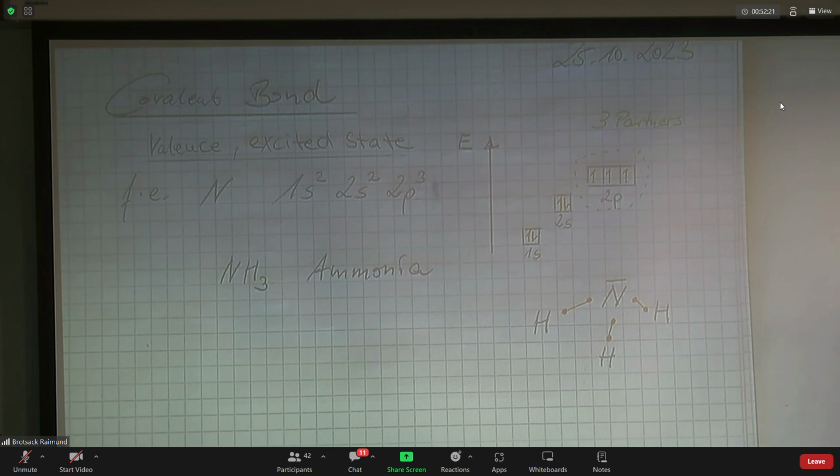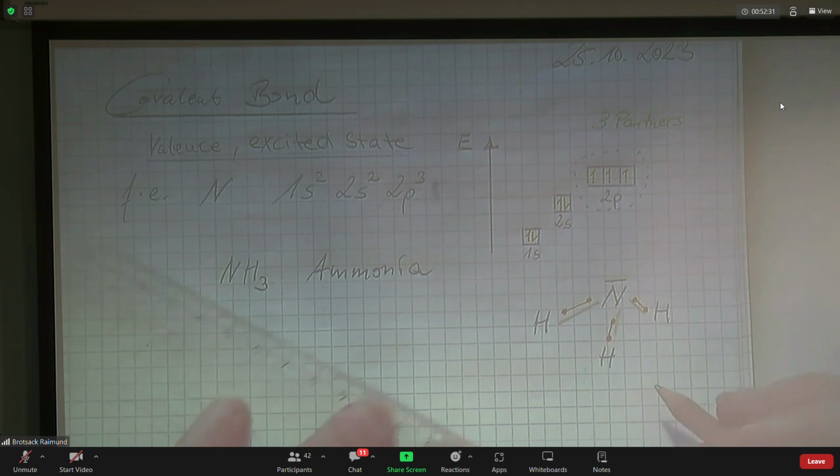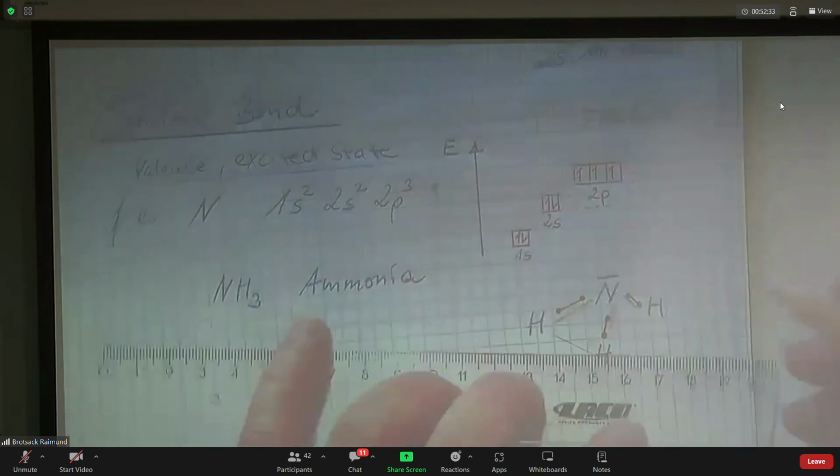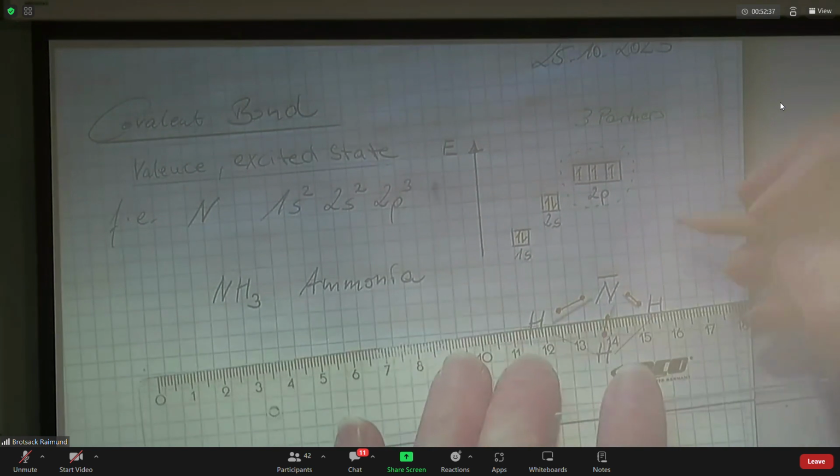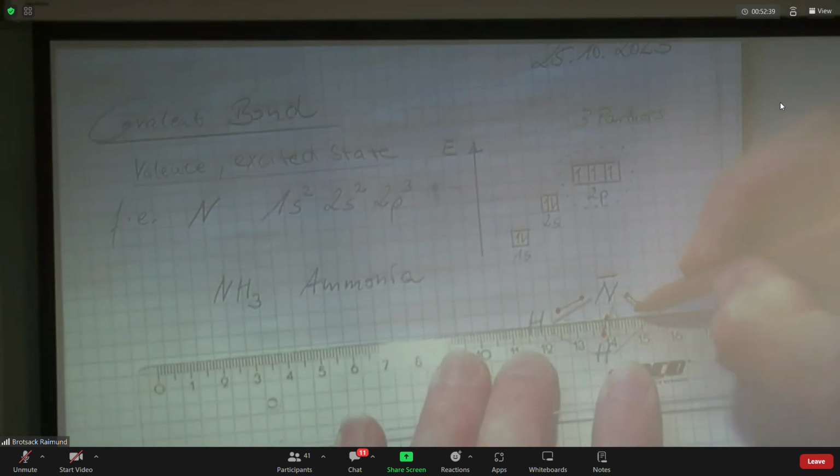This is a pyramidal structure, because if you draw it not the way we did, you have this triangle on the bottom. The line behind, we can't see it.